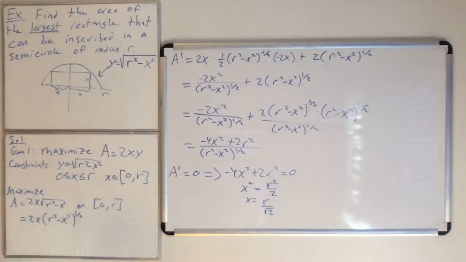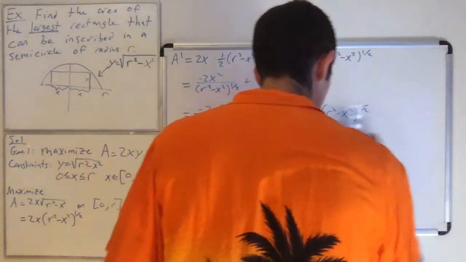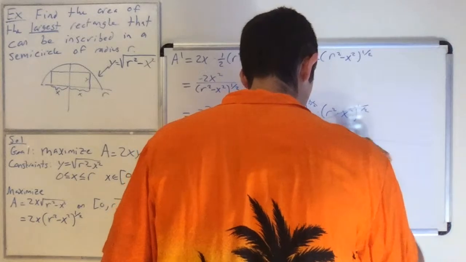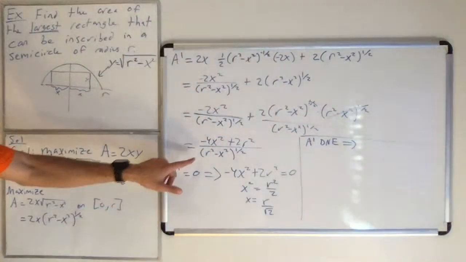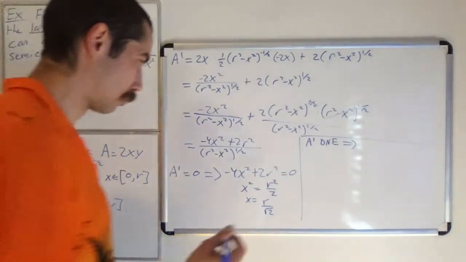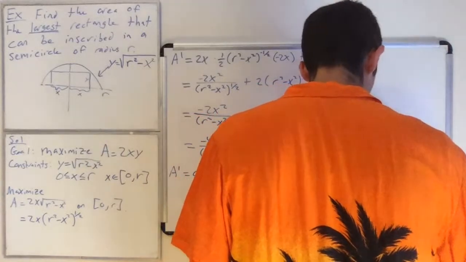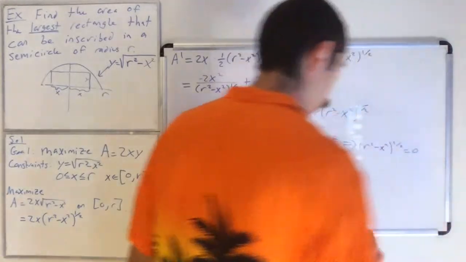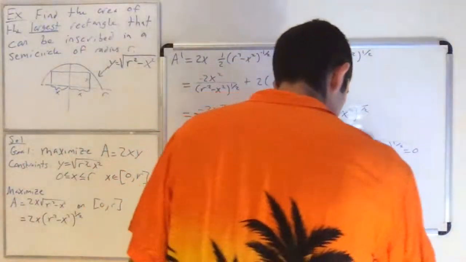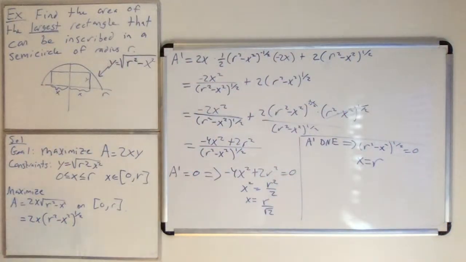Okay, and now let's find when our derivative does not exist. That tells us that our denominator is 0. That happens when x equals r. Again, it would be negative r as well, but that's not in our domain.